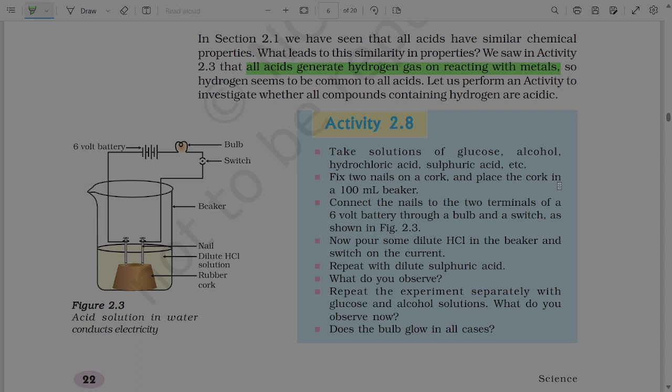So fix two nails on a cork and place the cork in a 100 ml beaker as shown in figure 2.3. It is telling you to design the apparatus. Connect the nails to two terminals of a 6-volt battery through a bulb and a switch as shown in figure 2.3.